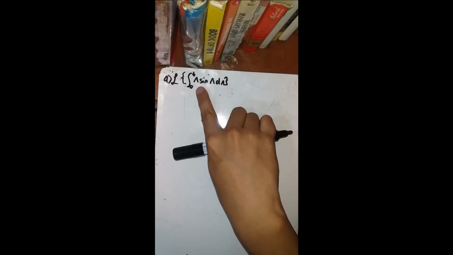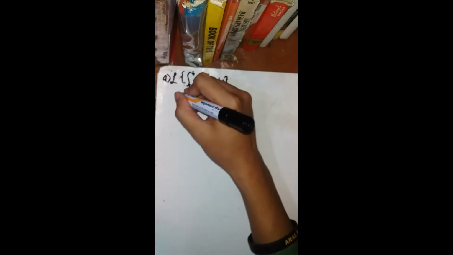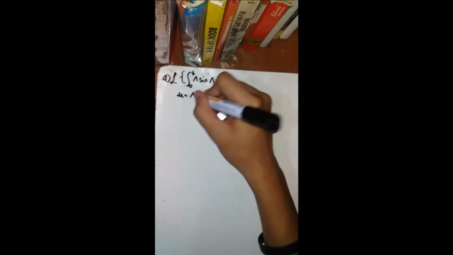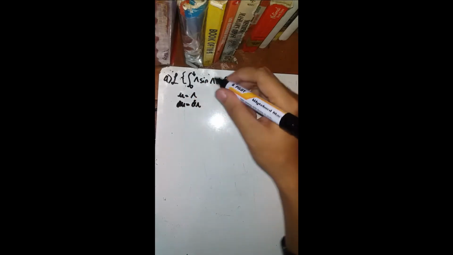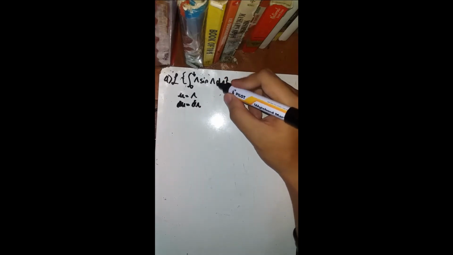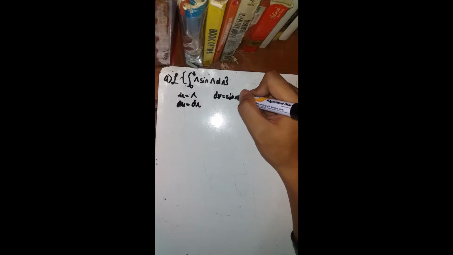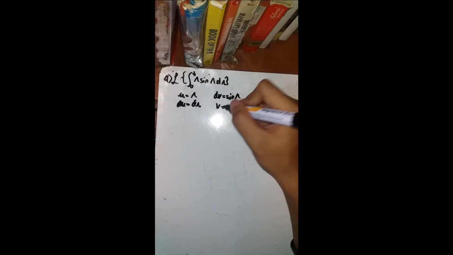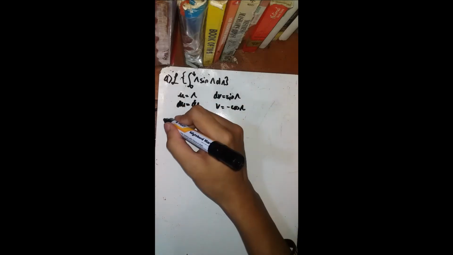Okay, this is my number 4. So let's start off here with the integral. We can use integration by parts, so that u is equal to lambda, so du is d lambda, and sine lambda is my dv, and its integral is just negative cos lambda.